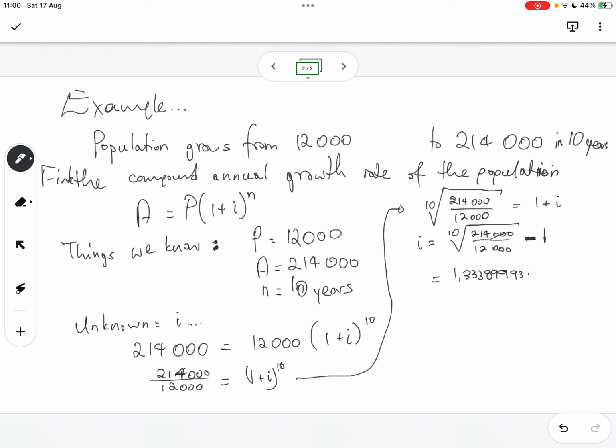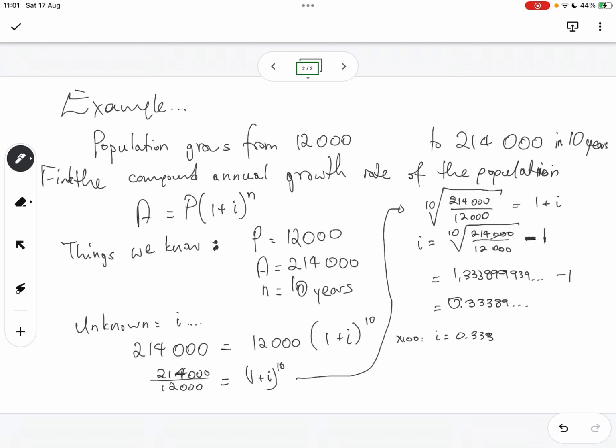So 1.338999 minus 1 equals 0.3338 something. And now we need to times it by 100 to get a percent.